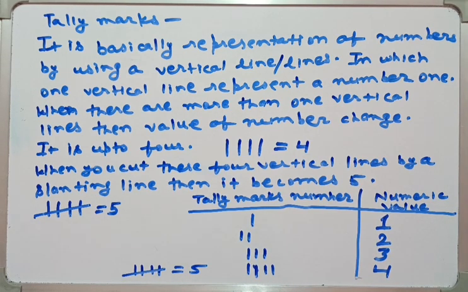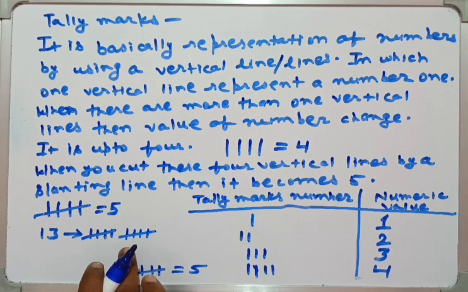When somebody asks you to write down the value of 13 in tally marks, how could you write? You know this represents 5. When you draw 4 vertical lines again and cut them by a slanting line, then it becomes 5.